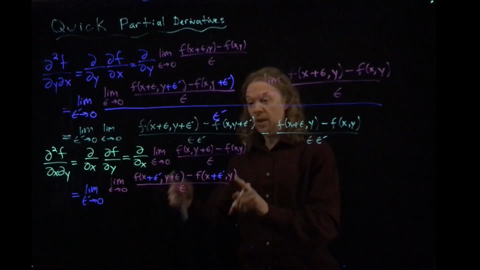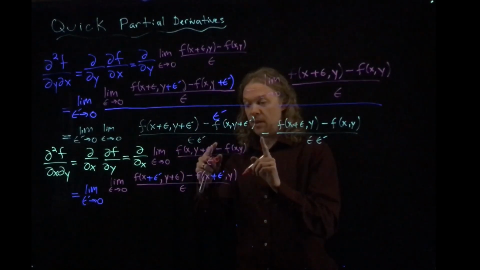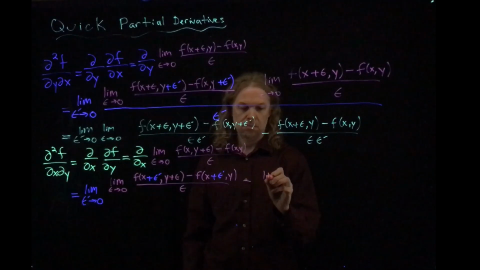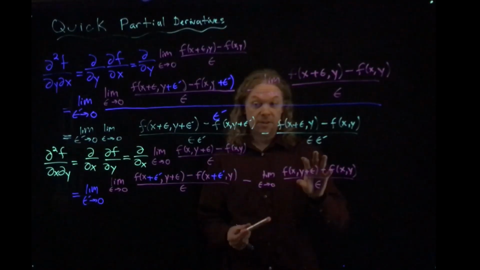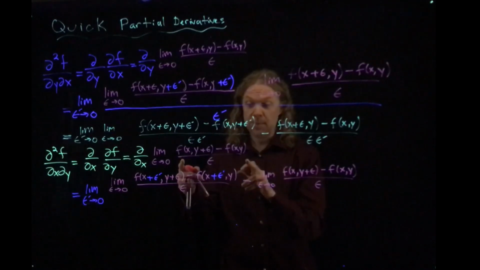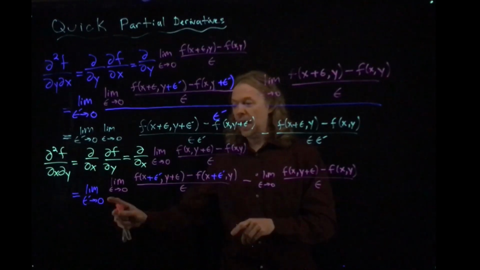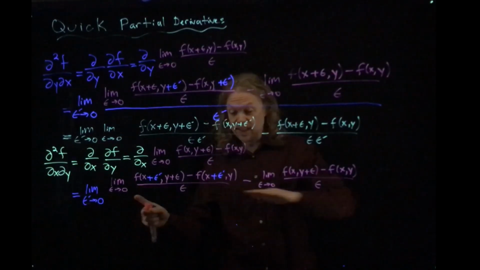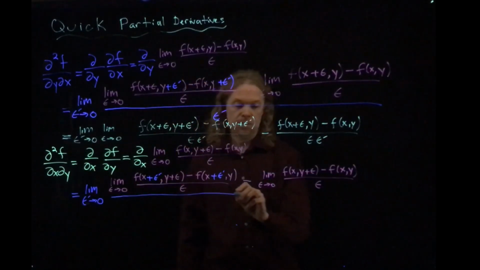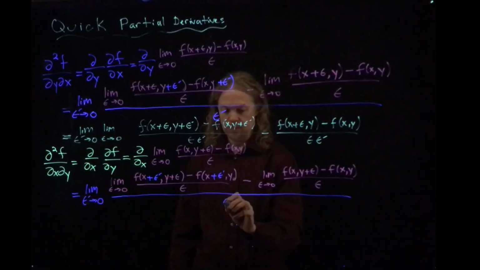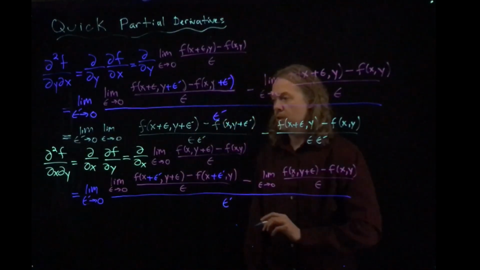So there's the first one, advancing x plus epsilon. There's the second one, which is exactly this without the epsilon prime in it. And of course, I haven't divided by epsilon prime, so I've got to divide the entire thing by epsilon prime. Good.